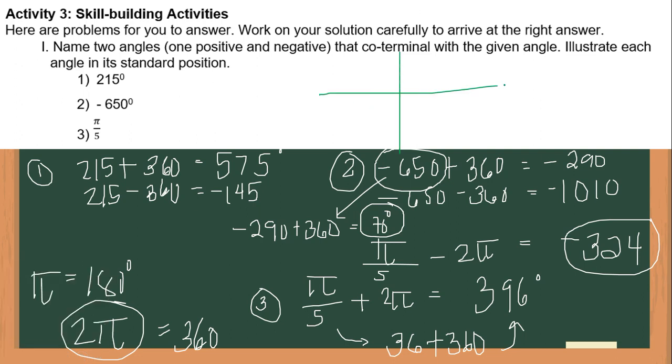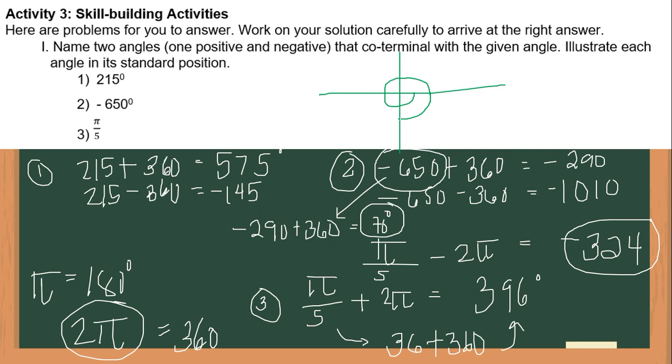Suppose this is the graph. Negative 650. This is negative 360, and this is another 90. What is 360 plus 90? 450. We passed 90.